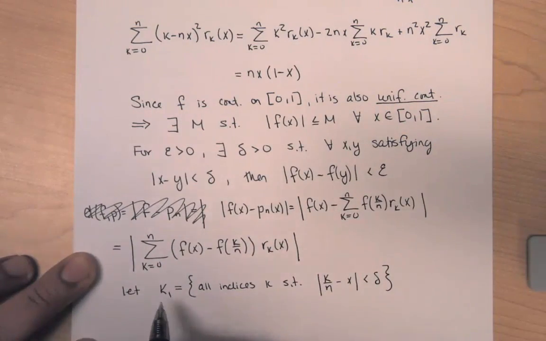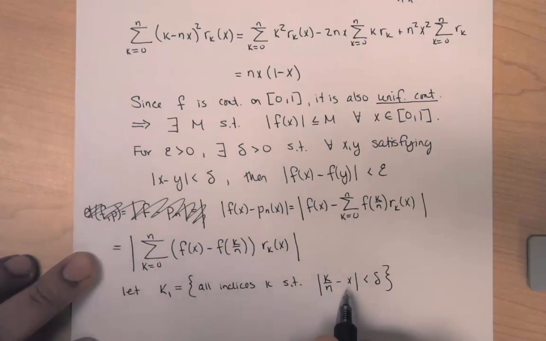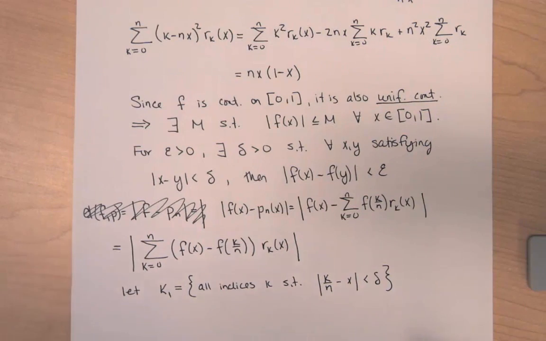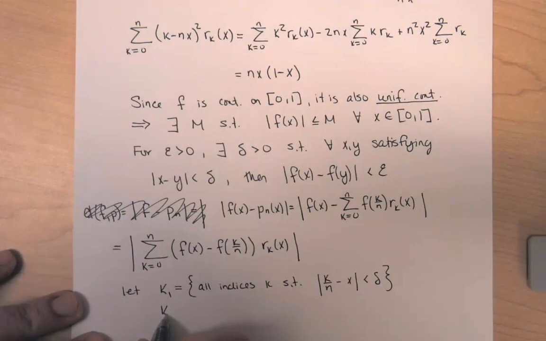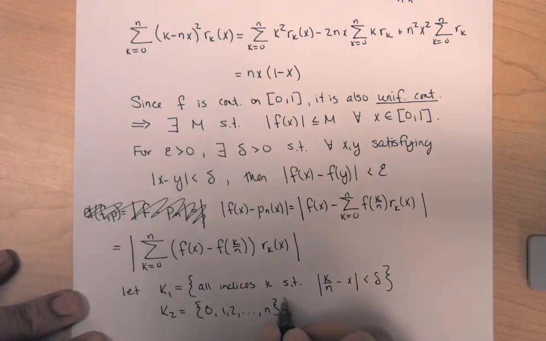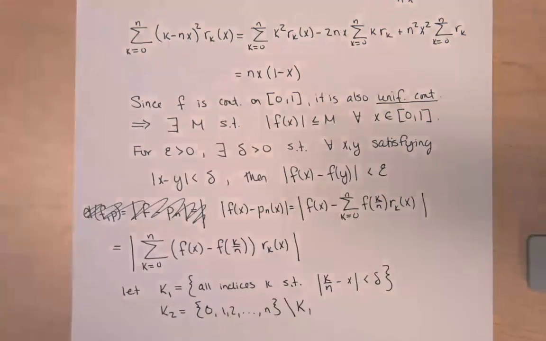Then of course this k1 will depend on x. And let's let k2 be the other indices, right, so the remaining indices.